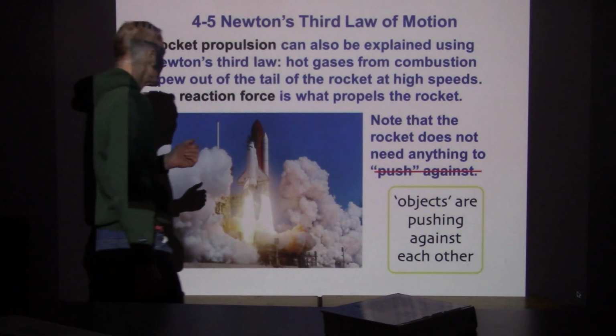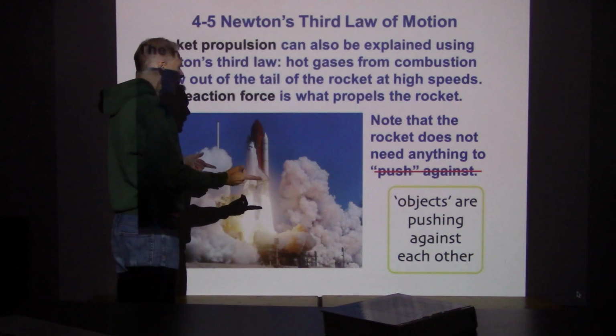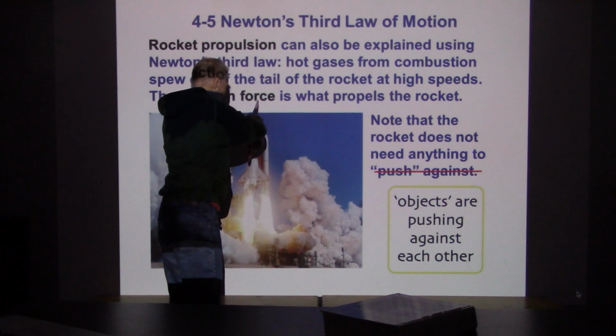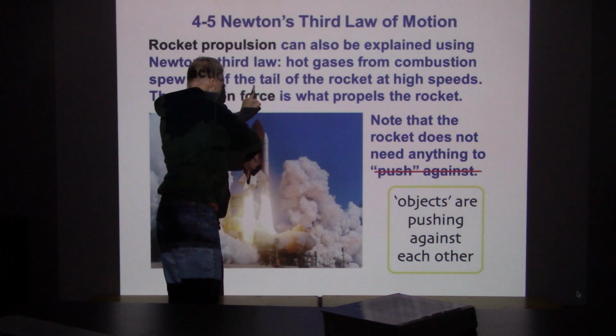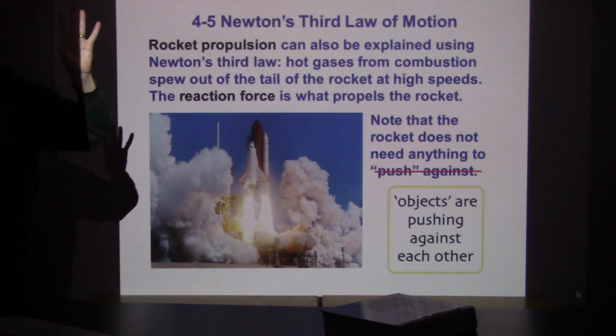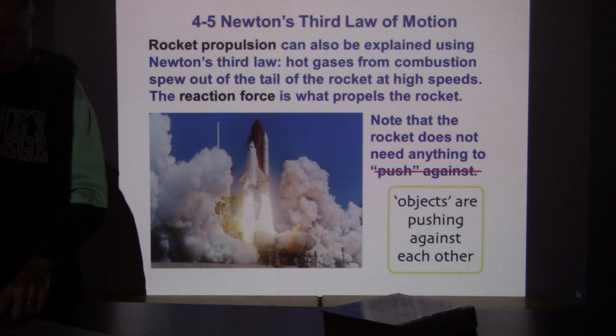So there definitely are two different objects pushing against each other, and the gas molecules get pushed and directed downwards, and that leads to forces pushing the rocket itself upwards.